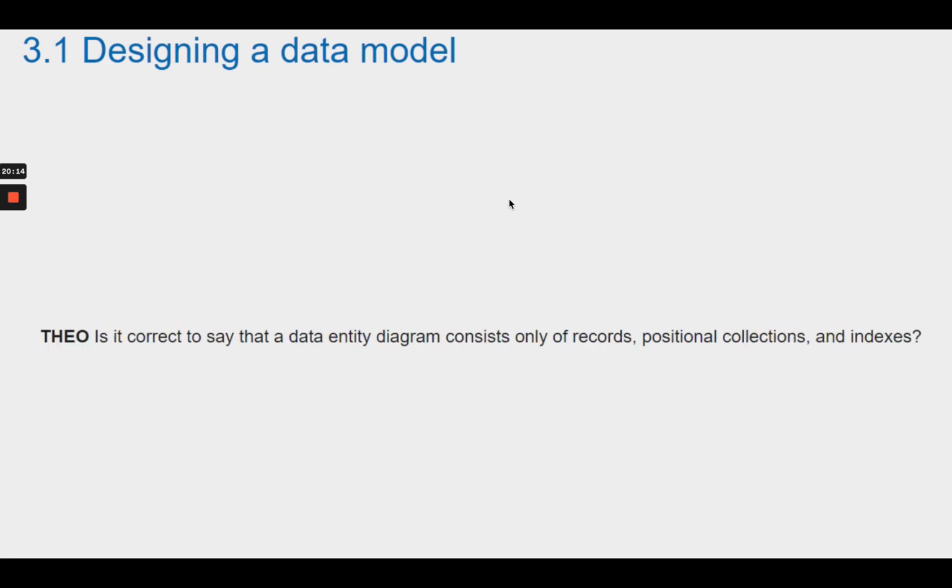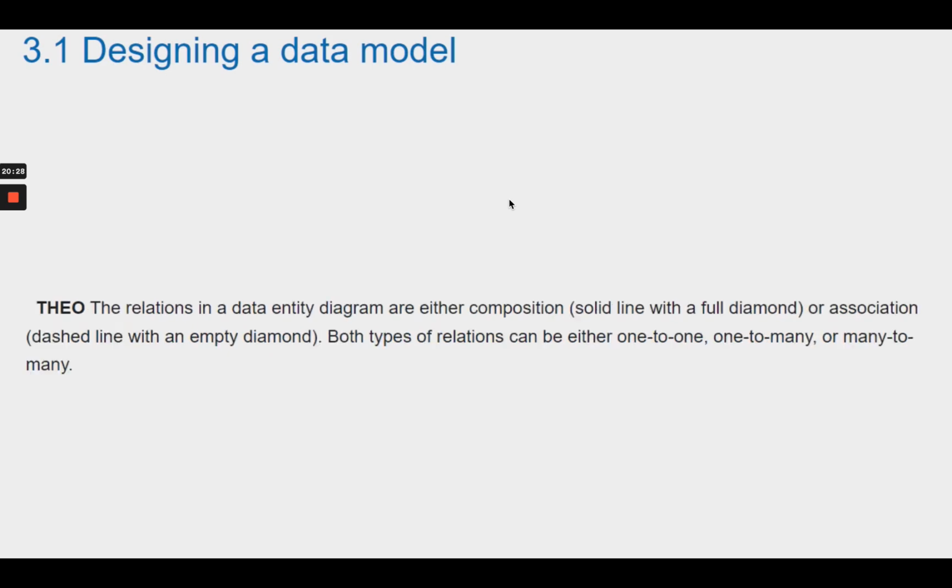Theo, is it correct to say that a data entity diagram consists only of records, positional collections, and indexes? Joe, that's correct. Can you make a similar statement about the relations between entities? Theo, the relations in a data entity diagram are either composition, solid line with a full diamond, or association, dashed line with an empty diamond.